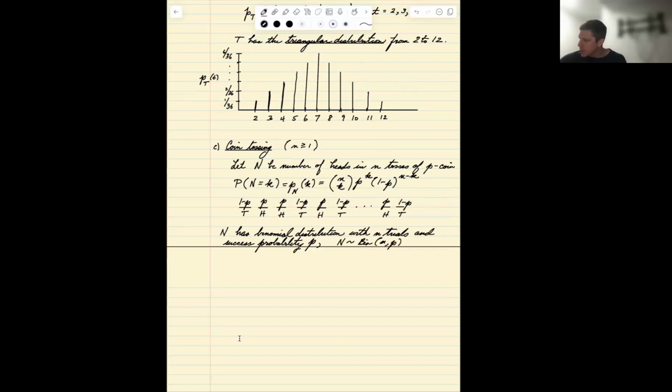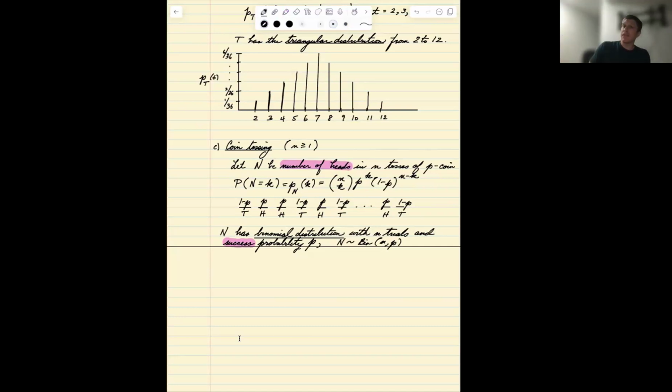What's important to understand here is that this definition of a success doesn't necessarily have to be anything that we would think of as a success or failure in real life. The point is that the idea of success is tied to the number of whatever, say the number of heads.